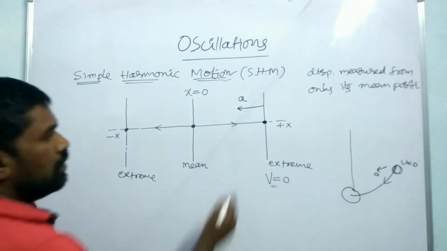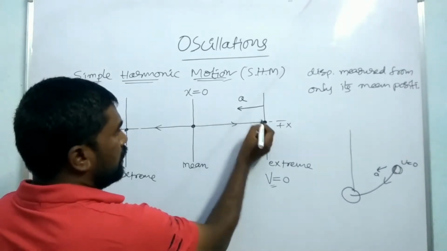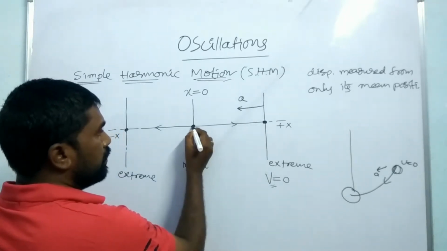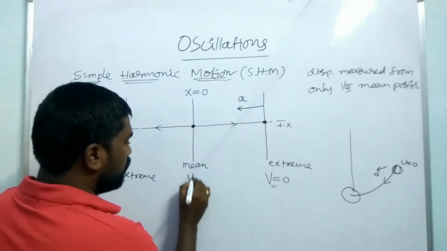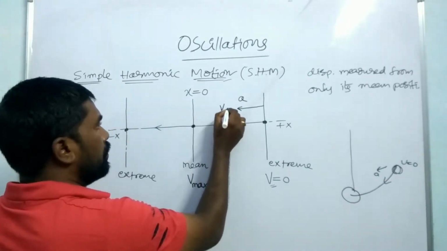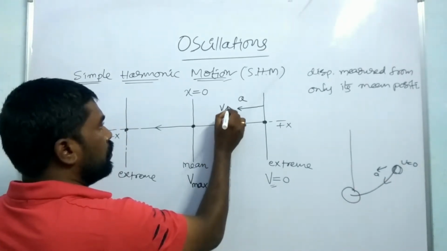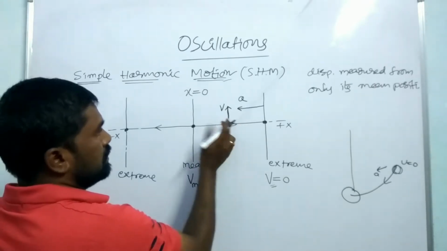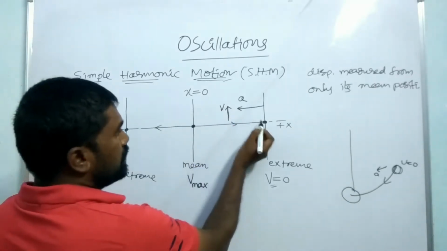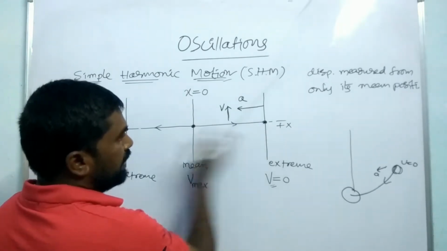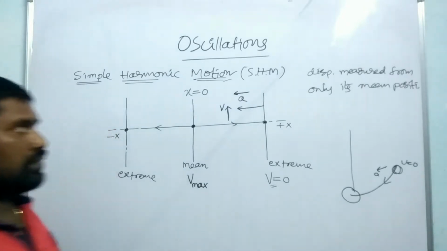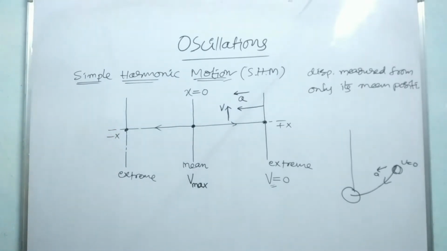Here the velocity increases from zero, and is maximum at the mean position. So V increases, and this arrow mark indicates the velocity increases when it comes back from the extreme point. This is the direction of the acceleration, right?